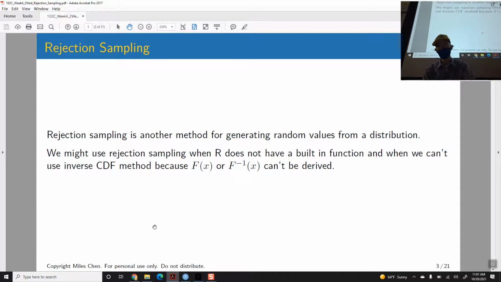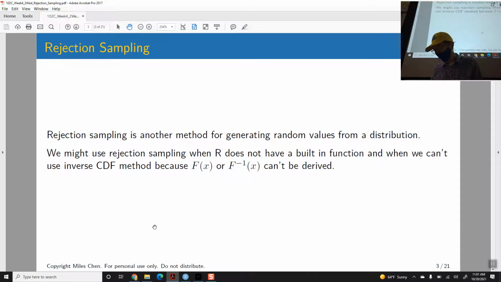Rejection sampling is a method for us to generate random values from some distribution. We would use it if we're trying to generate values and R does not already have a built-in random generator, because R already has a bunch of functions that we can use to generate random numbers.